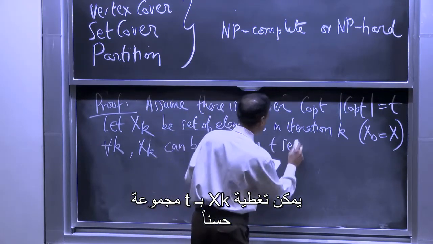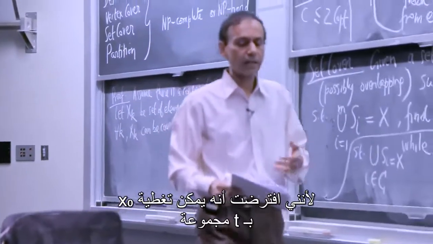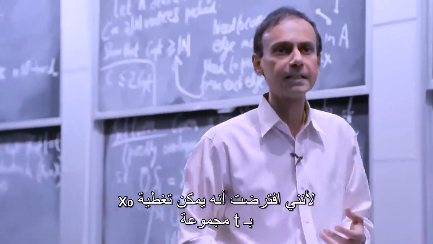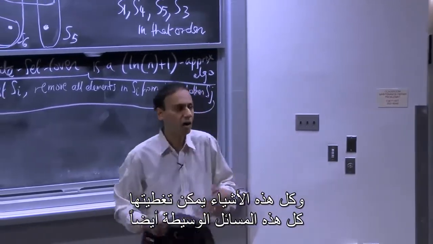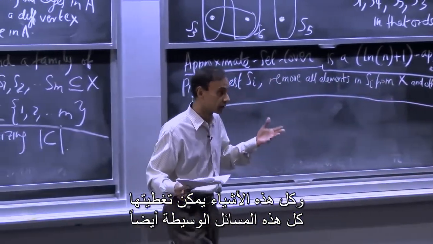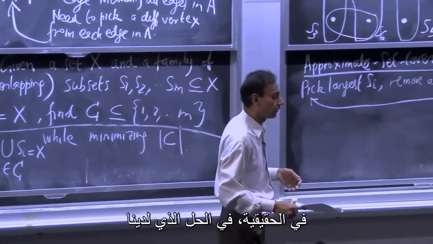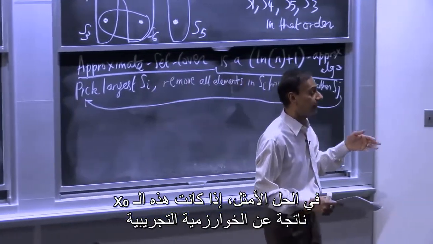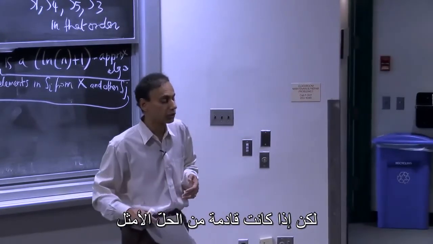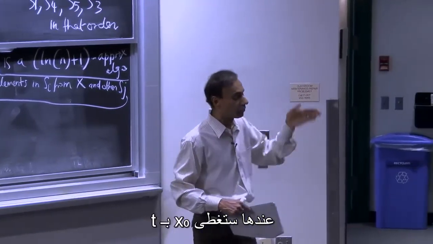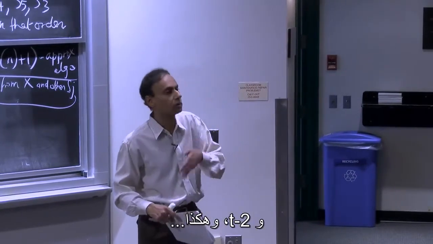Okay? I mean, that's a kind of a vacuous statement because I assumed that x0 could be covered by T sets, and x0 is only shrinking to x1 to x2, etc. And I'm just saying all of these things could be covered, each of those intermediate problems as well can be covered by T. In fact, in the optimum solution, if these x's were coming from an optimum solution, then x0 would be covered by T, x1 would be covered by T minus 1, and T minus 2, and so on and so forth.